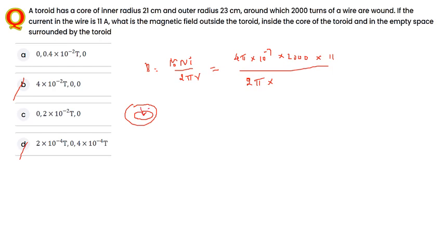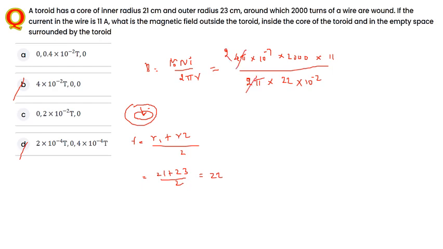In between, at the center, that radius here, I just mentioned, R is equal to R1 plus R2 divided by 2. Now in this case, R1 value here is 21 plus 23 divided by 2. What you are going to have here is 44 by 2, that is 22 centimeter, so 22 into 10 power minus 2. From this, you just cancel here, for this one here is 2 times, right?